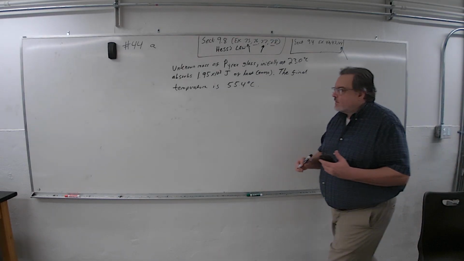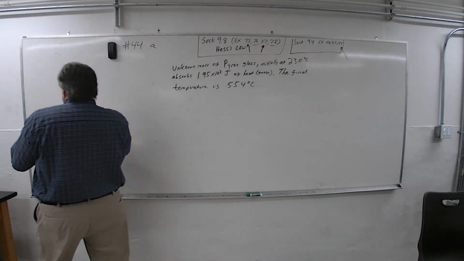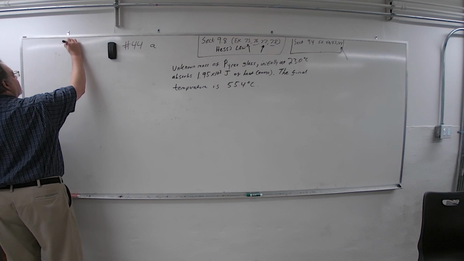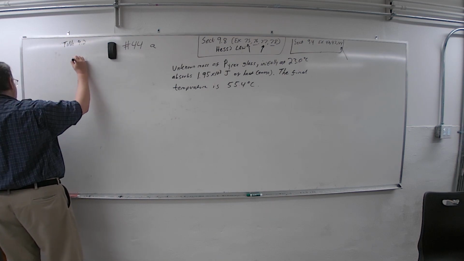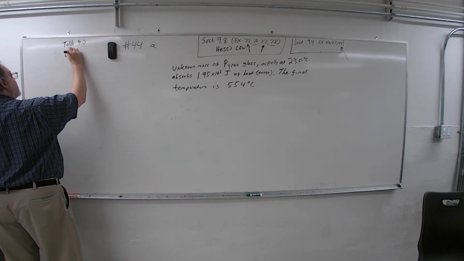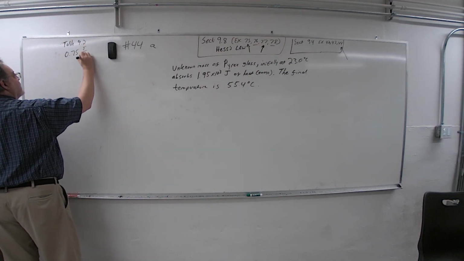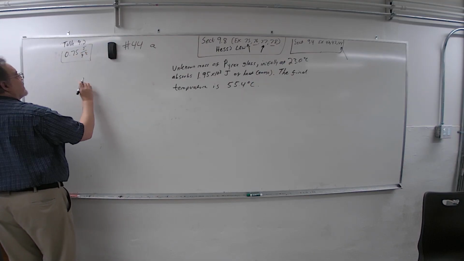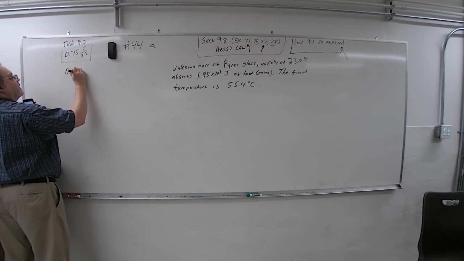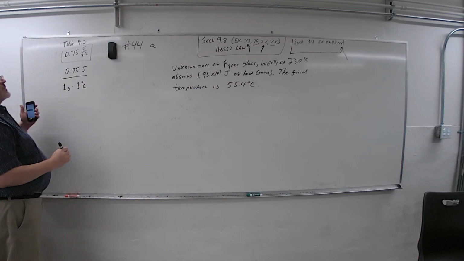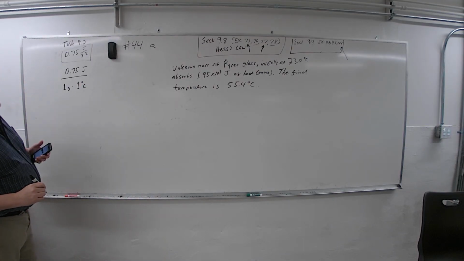To solve it, I look up on table 9.2, for Pyrex glass, it's in there. Joules per gram per degree C. That's what I've got, 1 gram, 1 degree C. So I'm going to need that.